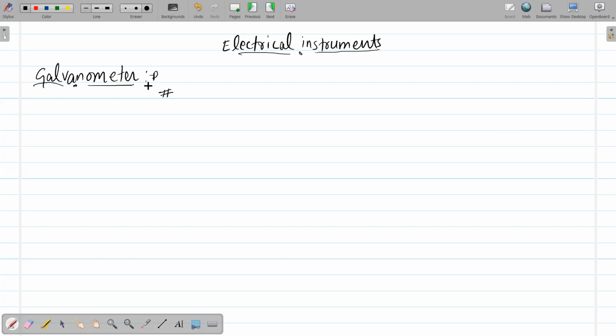We'll be talking about principle, its working and theory in detail in that chapter. But why am I mentioning this galvanometer right now? The reason is that ammeter and voltmeter, which we are supposed to study in this chapter, both are made from this galvanometer. That's why I'm introducing galvanometer.